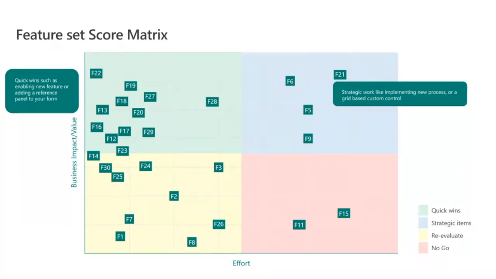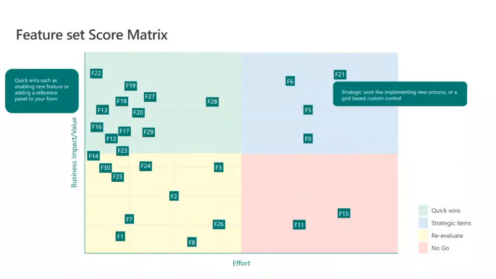If you look at the top right corner, you see these are your strategic items to work on. So these could be a new process, or on the development side could be something like creating a grid-based custom control, where it will require a lot of effort, but at the same time, it's going to provide a lot of enhanced user experience to your user.